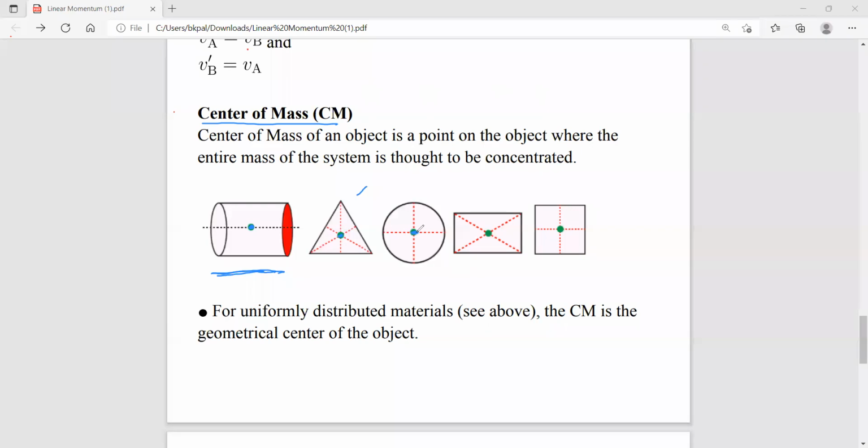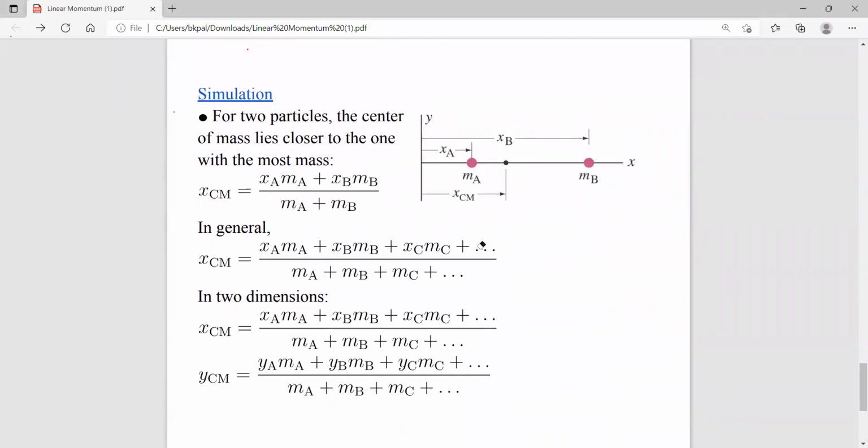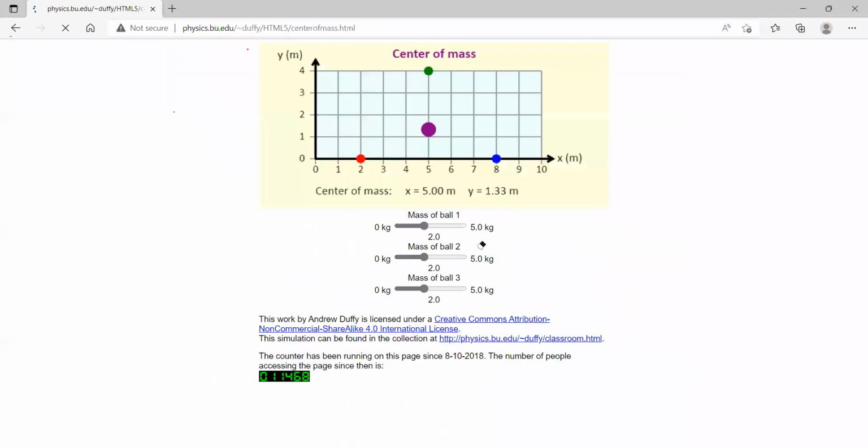But what happens if the materials are not uniformly distributed in one system? Or if the system contains two objects, and they are not uniformly distributed? So to understand this, let's go to the next slide, and before I discuss the math, let's look at this simulation.